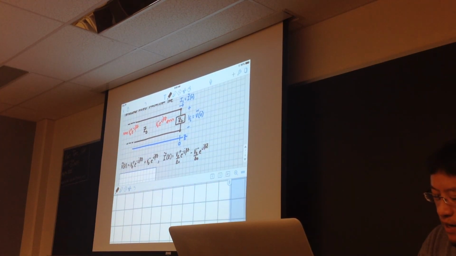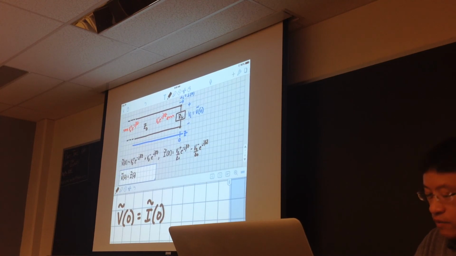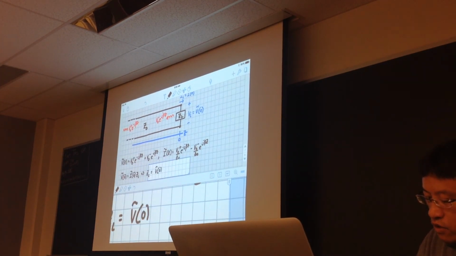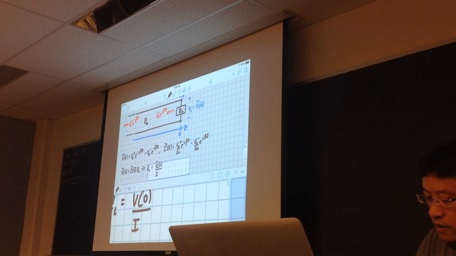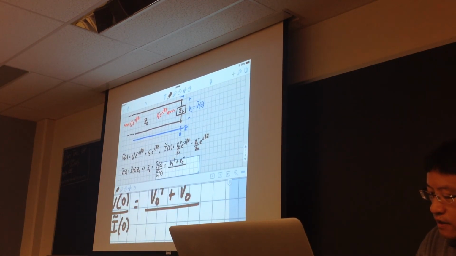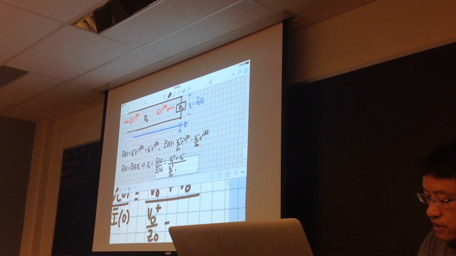The new boundary condition is that the voltage at Z equal to 0 is the current at Z equal to 0 multiplied by the load impedance. So the load impedance is V of 0 divided by I of 0. That is V0 plus plus V0 minus, divided by I of 0, which is V0 plus over Z naught minus V0 minus over Z naught.